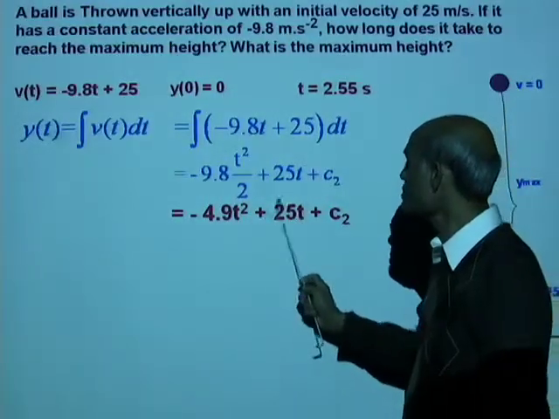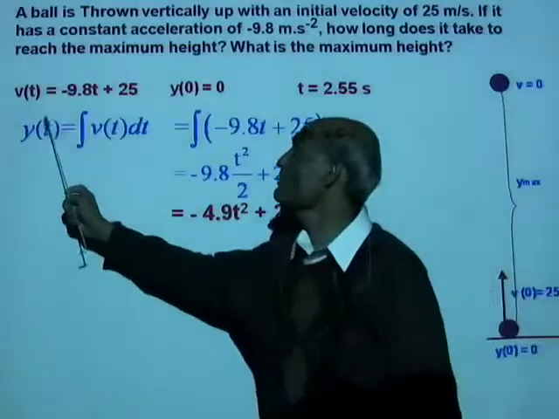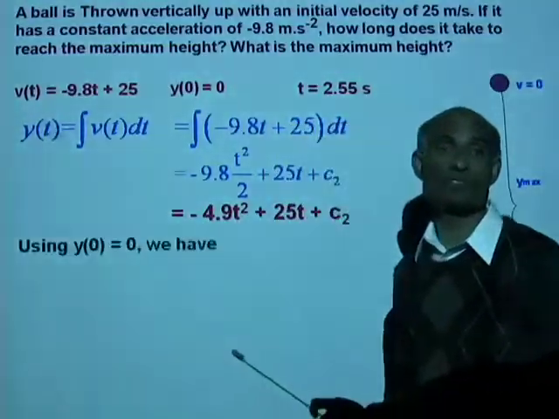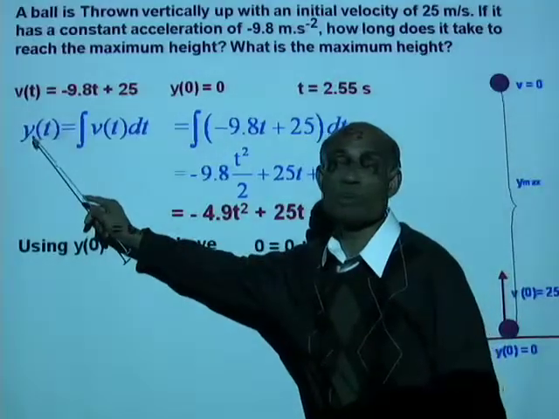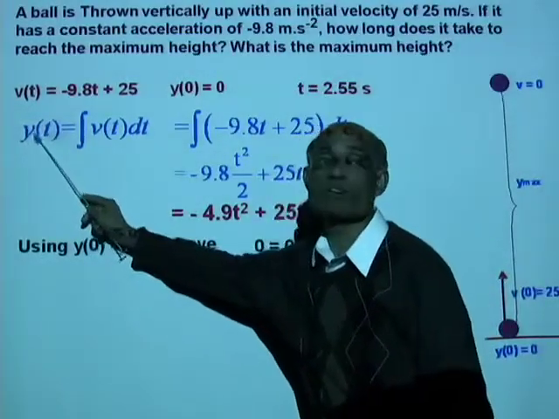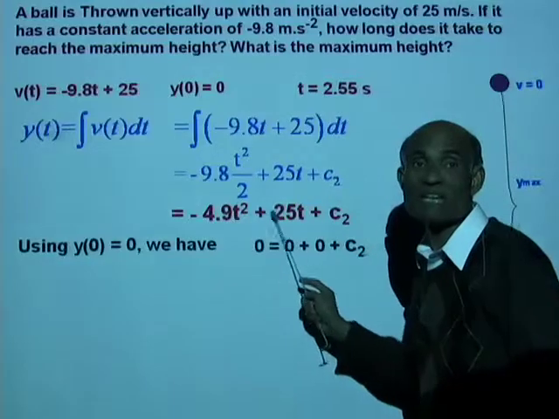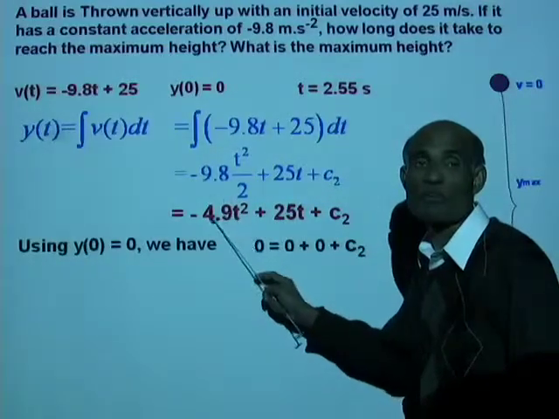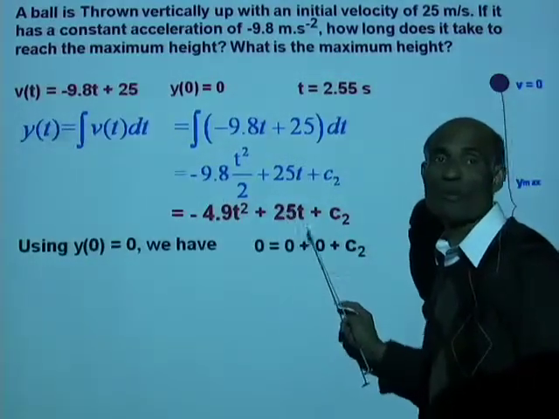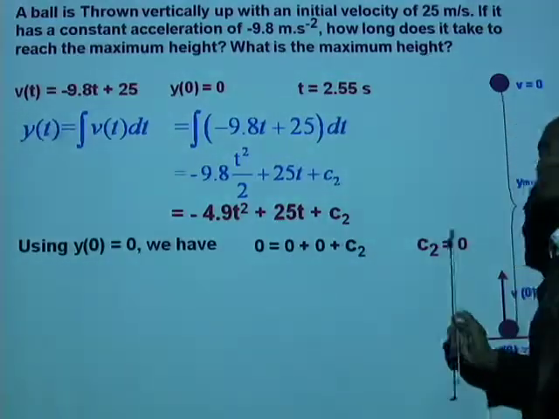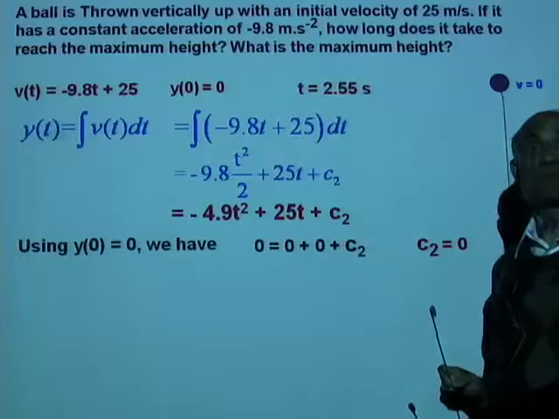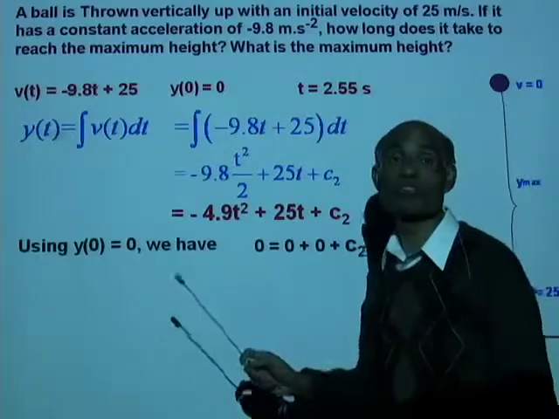When you replace t in the equation by 0, y will be equal to 0. This y becomes 0 when t in the equation becomes 0. That means this will become 0, that will become 0. So what is the value of c2? c2 is 0.